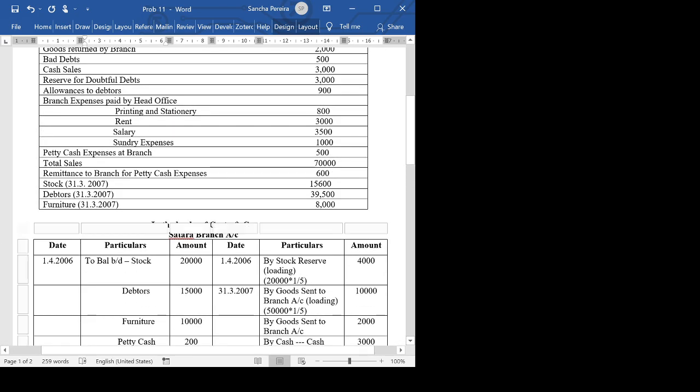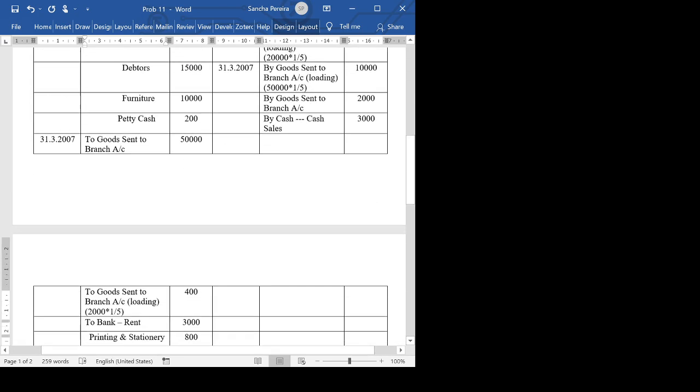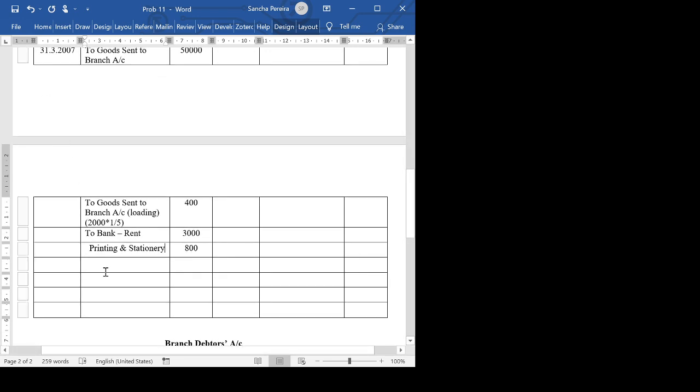Then we have salary 3,500, sundry expenses 1,000.